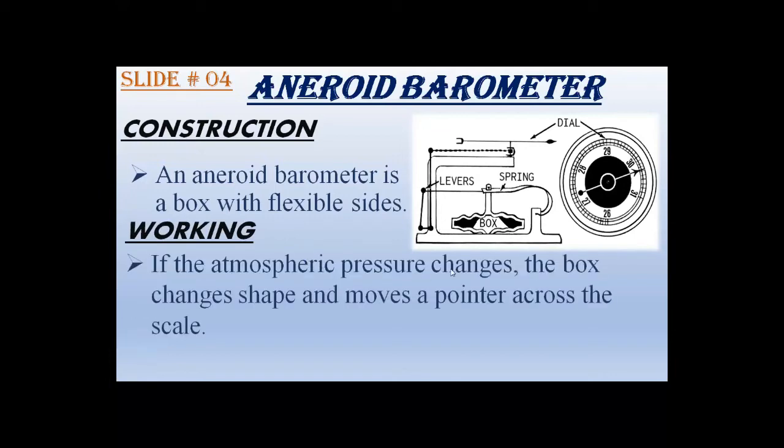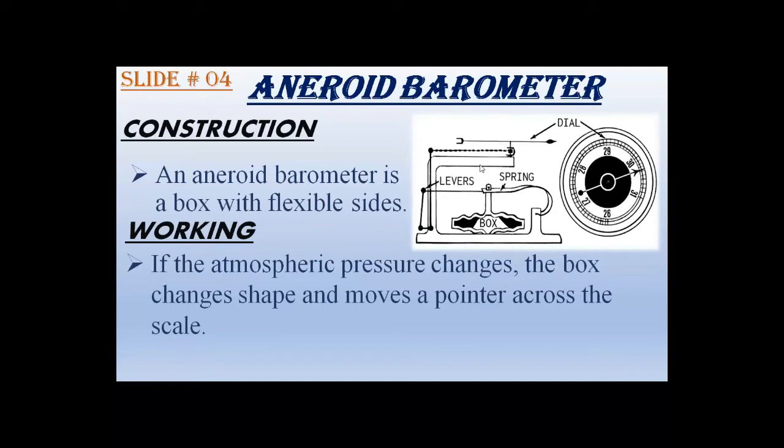If the atmospheric pressure changes, the box changes shape and moves a pointer across the scale. By the help of this change in shape, the pointer moves across the scale, so we can identify that there is a change in pressure.